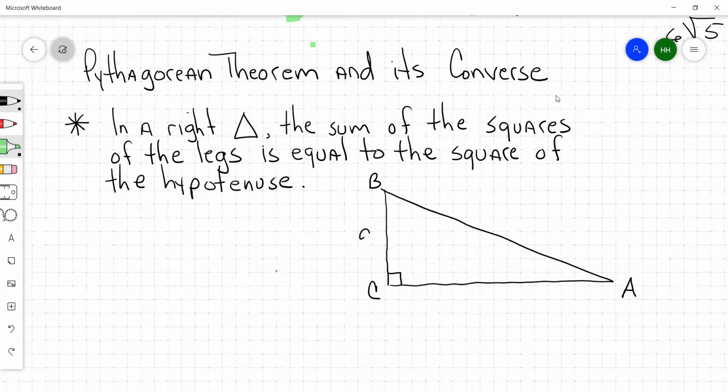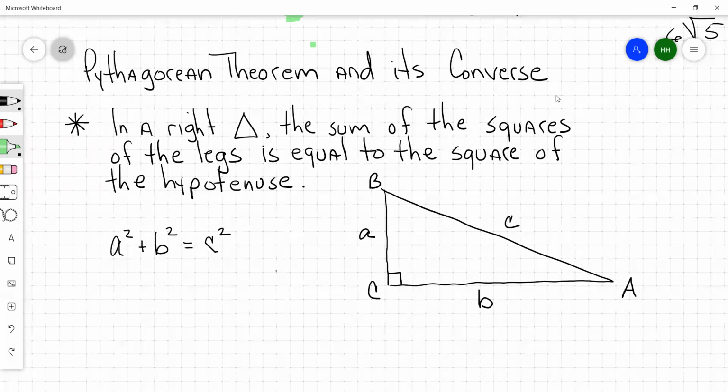So this would be a lowercase a, lowercase b, and a lowercase c. And the Pythagorean theorem says that for every right triangle, this leg A squared plus the other leg B squared is equal to the hypotenuse squared, c squared.